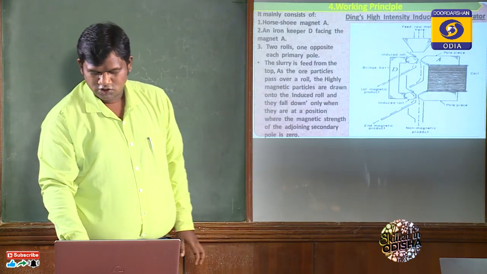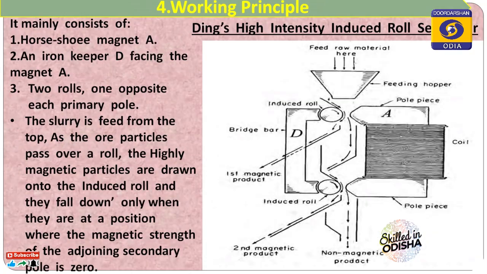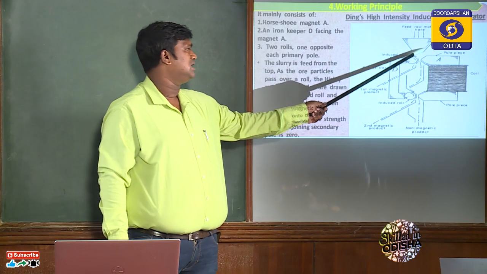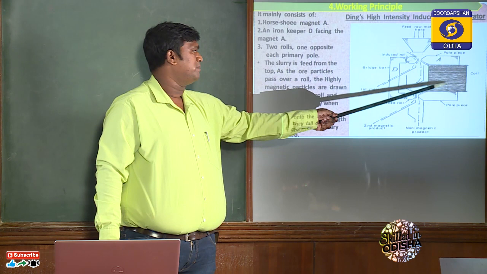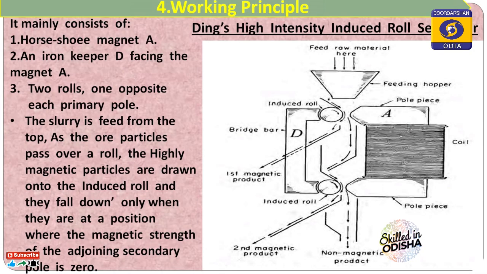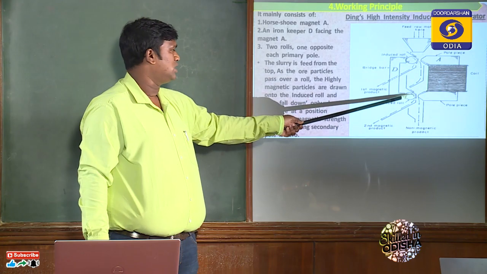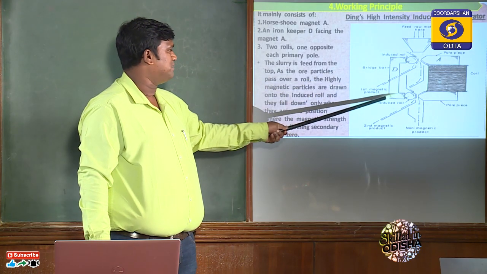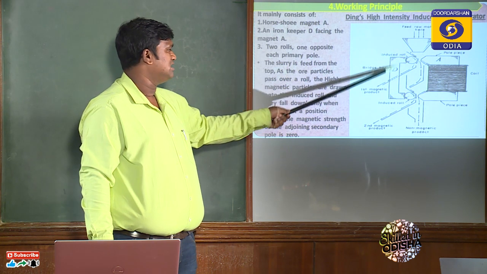Next we come to another type, the Ding's high intensity induced roll separator. This is a feeding hopper, this is a magnetic coil, this is a pole; there are two poles, and there are two induced rolls, first and second. There is an iron bridge bar.